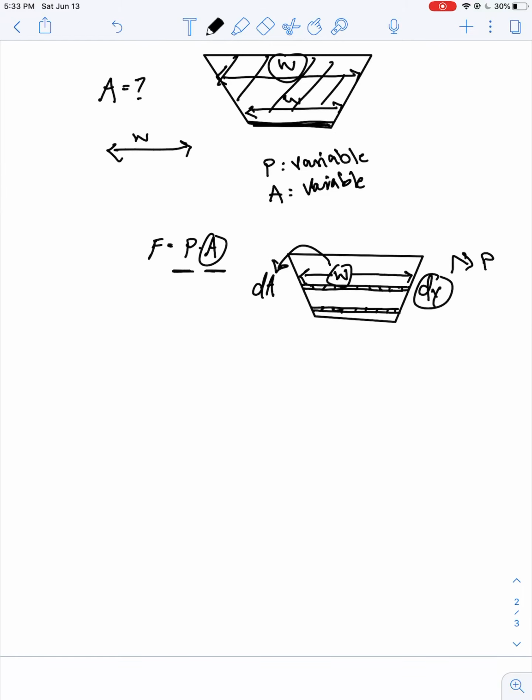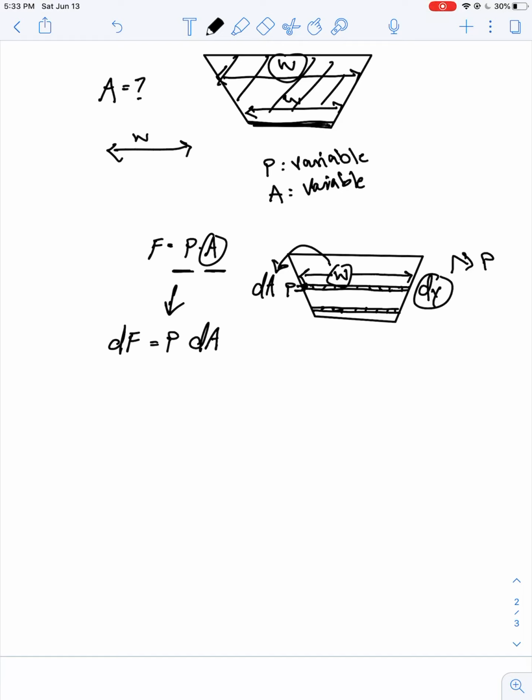So what we can do now is, since we know that each band of infinitesimal area will have its own force, the pressure in this band we can assume will be constant. Since it's so small, the pressure will not change from here to here, which is dA. So we can keep that constant, and we have dA from here to here.